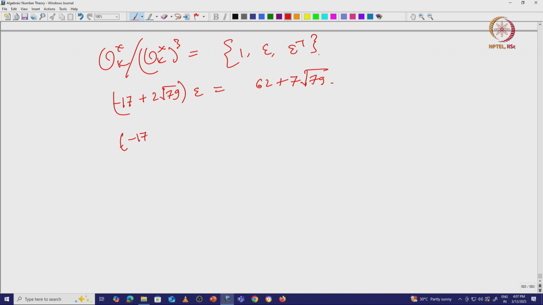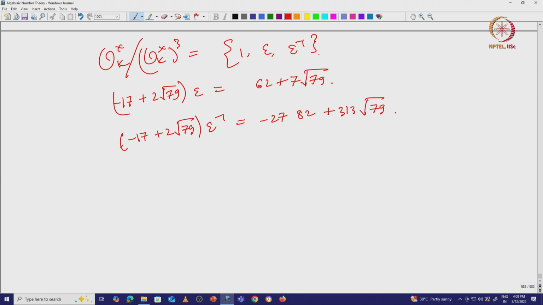So, minus 17 plus 2 square root of 79 times epsilon inverse turns out to be, it is just a computation that you do, 2782 plus 313 square root of 79.